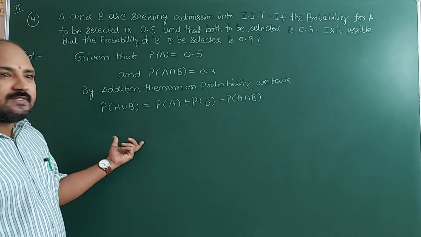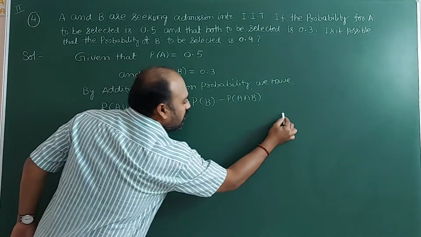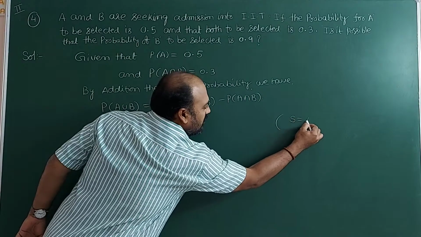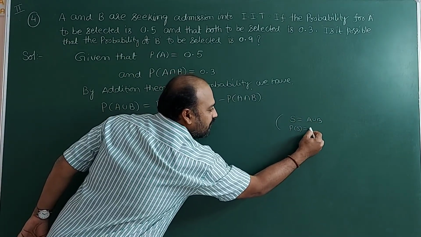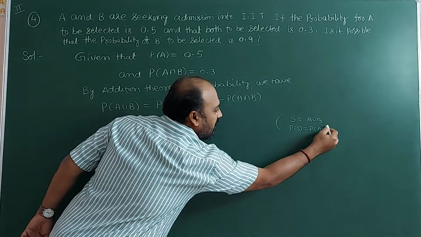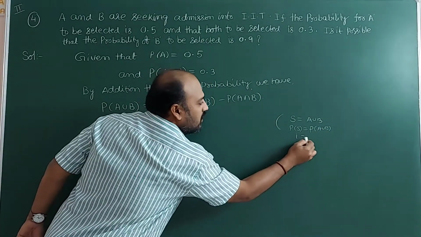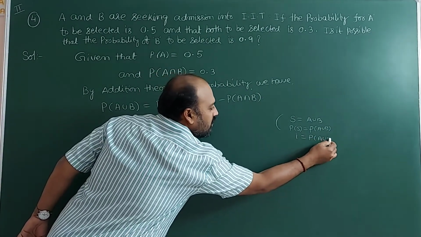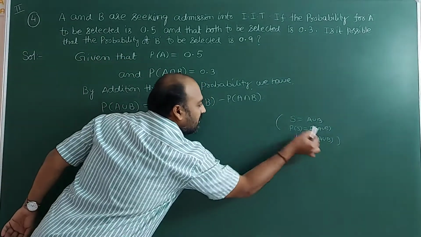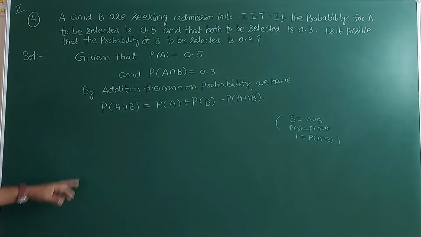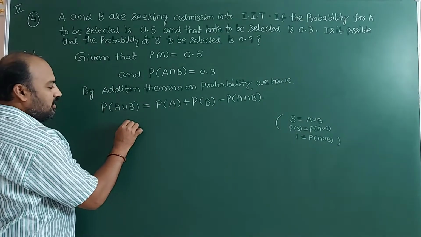A union B is the sample space. So we know that S is equal to A union B. So probability of S is equal to probability of A union B. Probability of S is always 1. So P of A union B is always equal to 1.